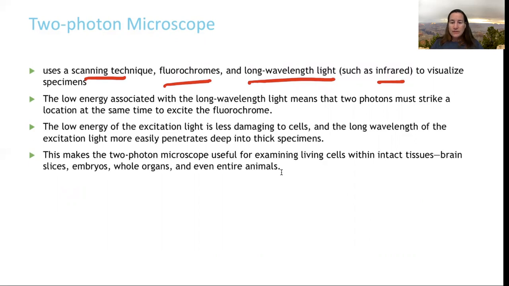And so these things are expensive microscopes that we don't have on campus. We don't have any of these other guys on campus. So these are really cool. They are going to be less damaging if you use this type of microscope because of that long wavelength, because we said the higher the frequency, the higher the energy, the more damaging those are to cells. So it's really cool to look at living things, intact tissues, and that kind of stuff.